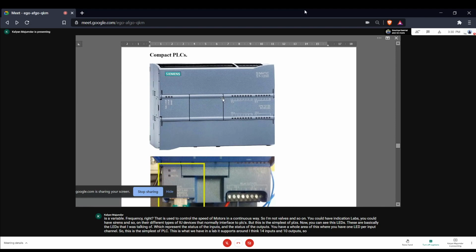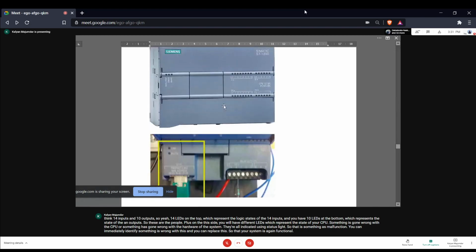So you have 14 LEDs on the top, which represent the logic states of the 14 inputs, and 10 LEDs at the bottom, which represent the state of the 10 outputs. Plus on this side, you will have different LEDs which represent the state of your CPU. If something has gone wrong with the CPU or the hardware of the system, it is indicated using status lights, so that on malfunction you can immediately identify something is wrong and replace the module so that your system is again functional.